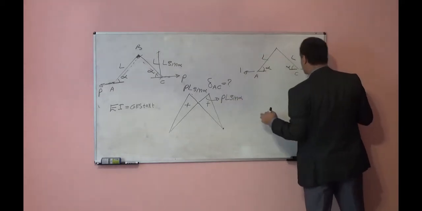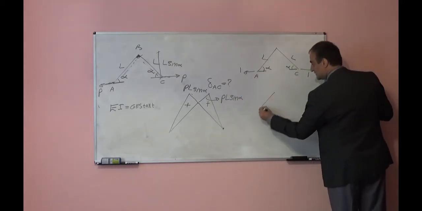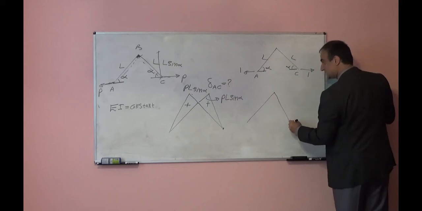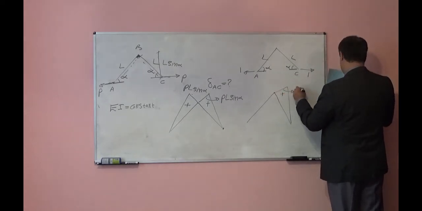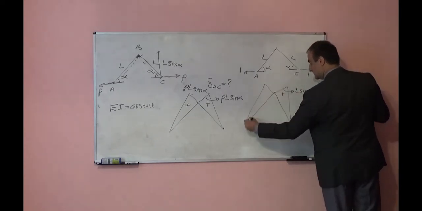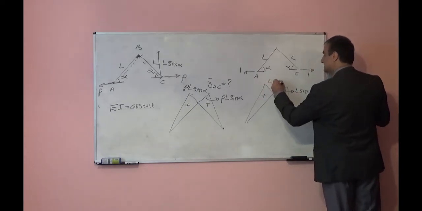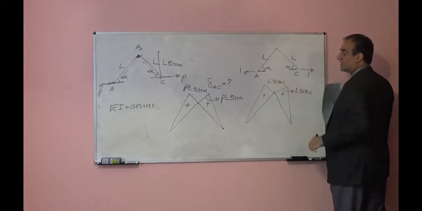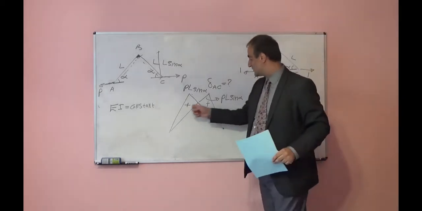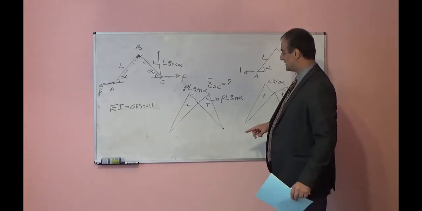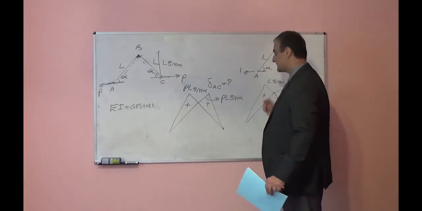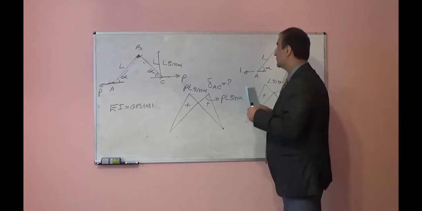Just instead of P, you will plug 1. So the moment diagram this time will be positive L sine alpha, positive L sine alpha. Now we will multiply this triangle together, and because it is symmetrical, we will multiply this to this one, multiply by 2.